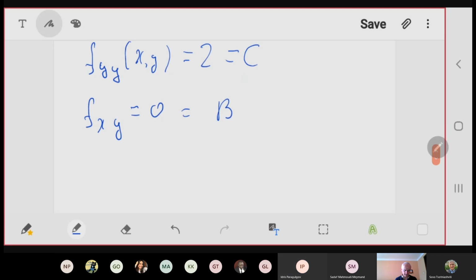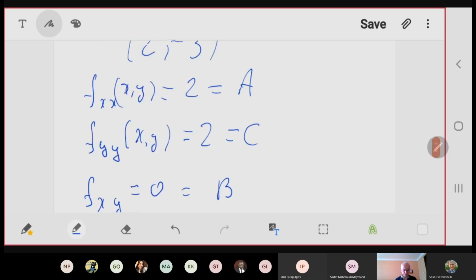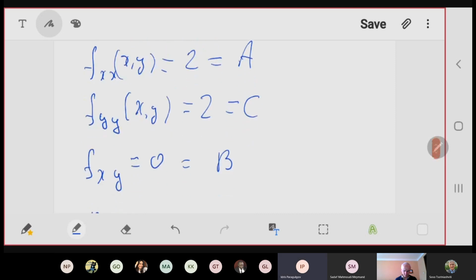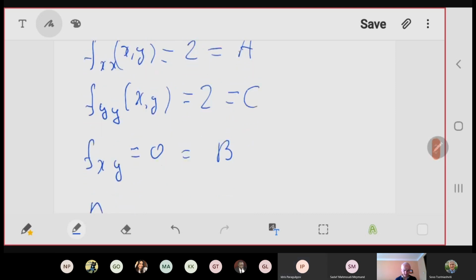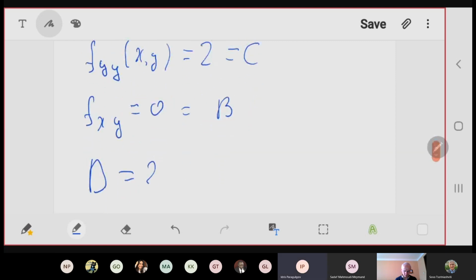So now let's look at our number D. It's going to be positive, because 2 multiplied by 2 minus 0 squared is positive.